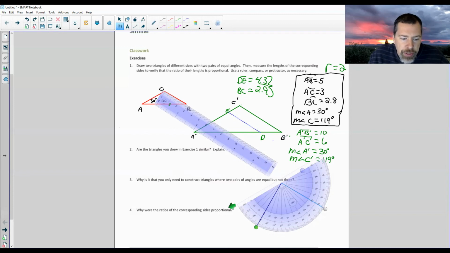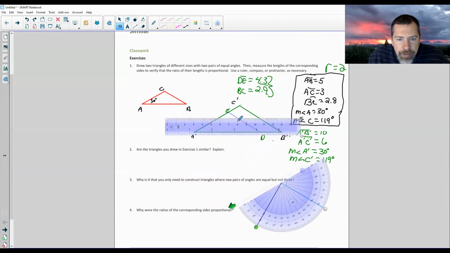And 4.3 divided by 2.9, because 2.9 is prime, if you will, is 1.48, almost 1.5. So that's almost a 1.5 scale factor.